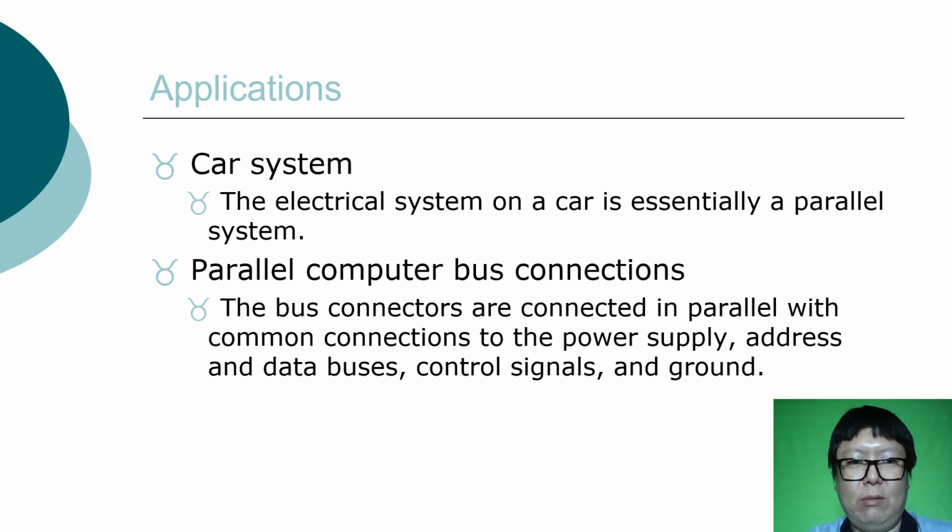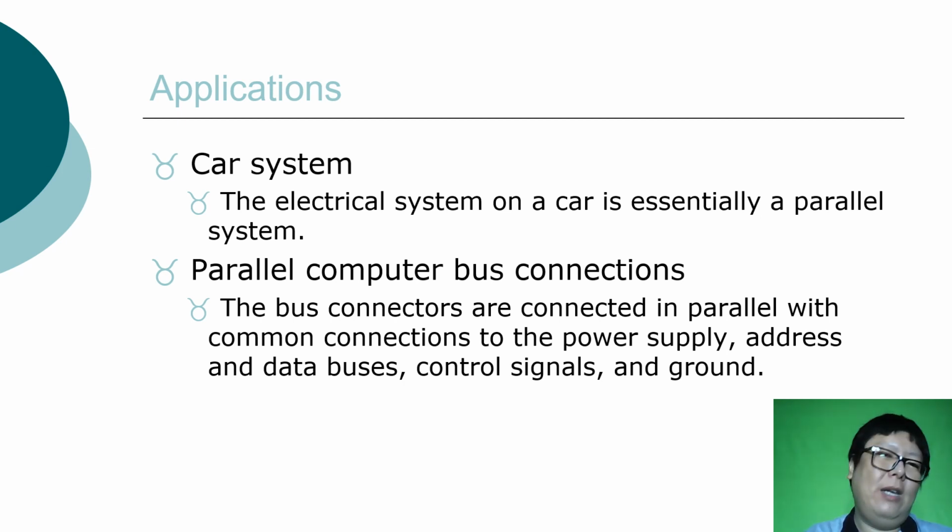You have learned that in series, if one component is damaged, the current will stop, then the other components will stop as well because there is no current flow. But for parallel, this is not a problem because every branch will supply the current. So it will not disturb if one of the components fails.